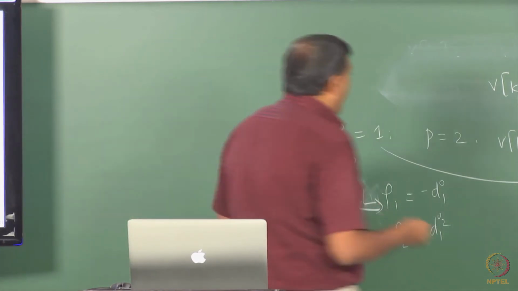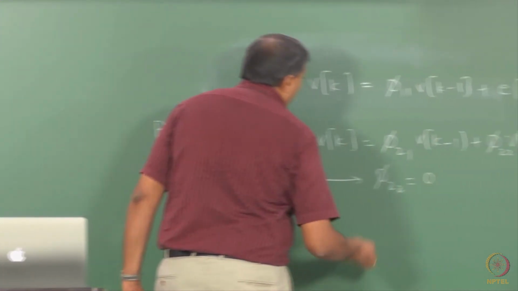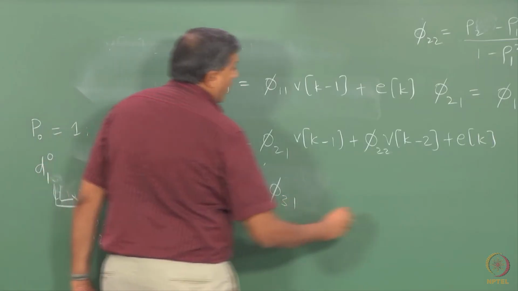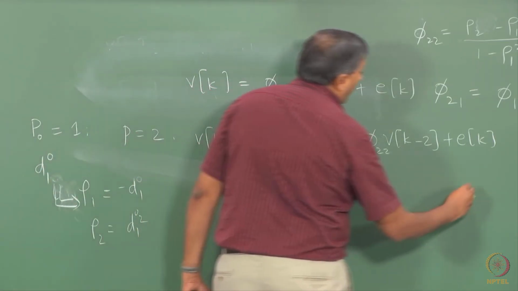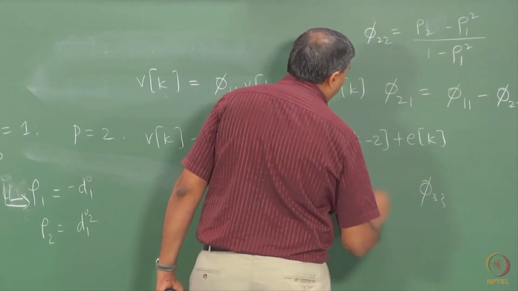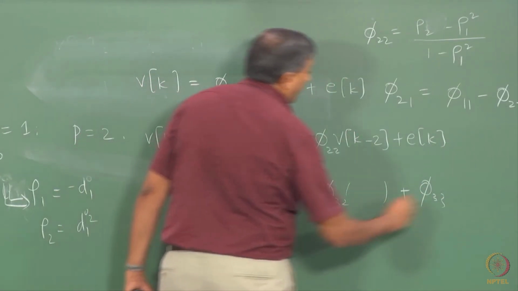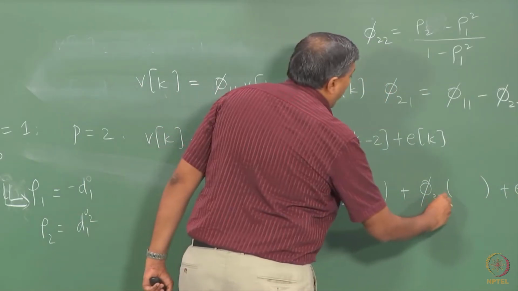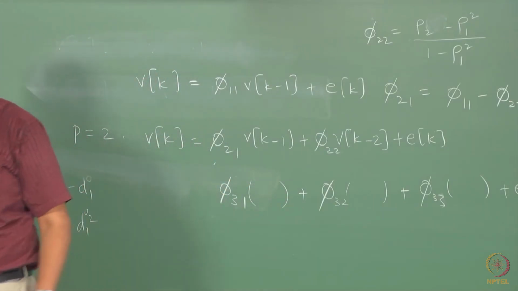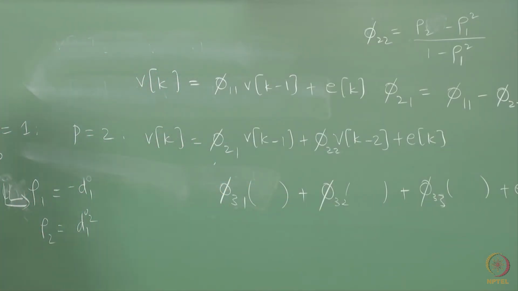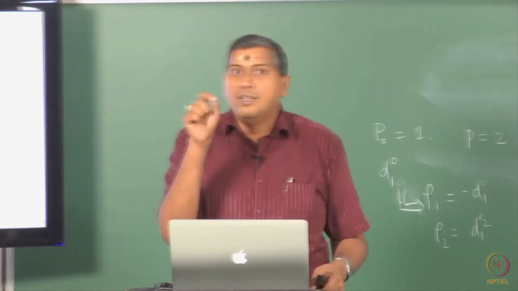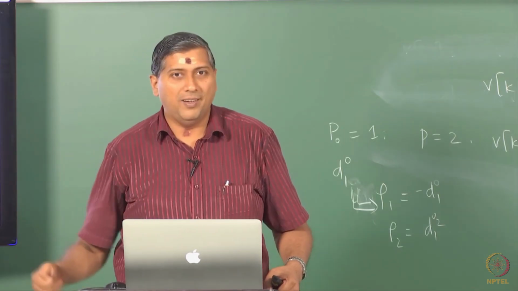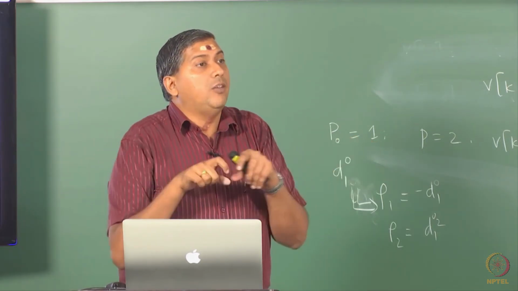So, in other words, if I move to a third order, I would have phi 3 1, phi 3 2 and phi 3 3, right, plus Ek. So, when I move to the third order model, you can't say phi 3 2 is the PACF at lag 2, obviously, because PACF at lag 2 is only looking at discounting for the effects of Vk minus 1, it is not discounting for the effects of the other sample, only the intermediate ones, because it is looking at the time chain.